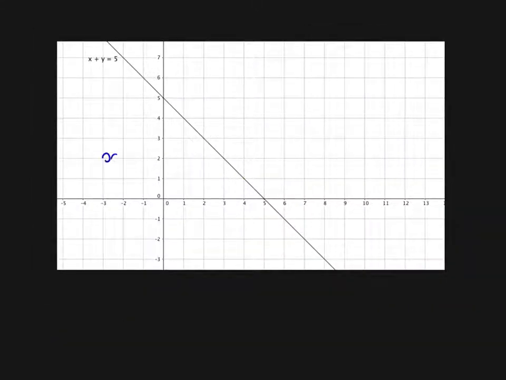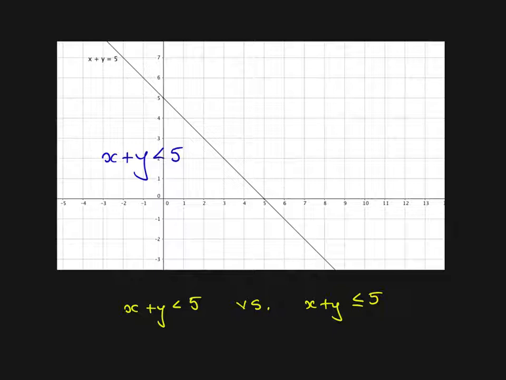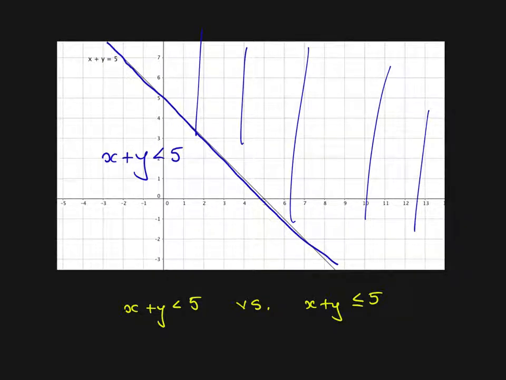So we decided that in this region, x plus y is smaller than 5. However, sometimes I need to solve x plus y smaller than 5, and other times x plus y smaller than or equal to 5. So how do I represent one versus how do I represent the other? If the line for x plus y equals 5 is a solid line, and I shade the region that I do not need, then this is a representation of the inequation x plus y smaller or equal than 5.